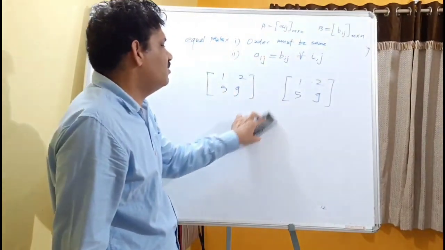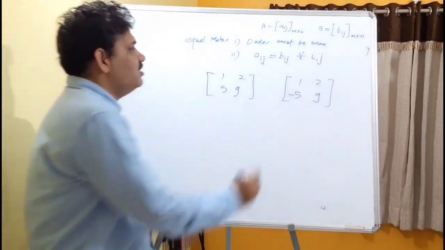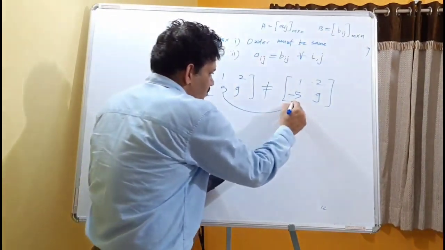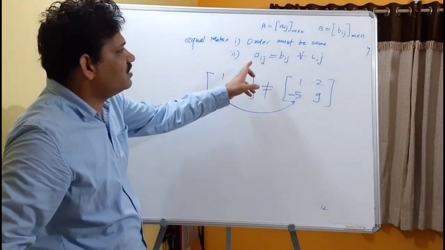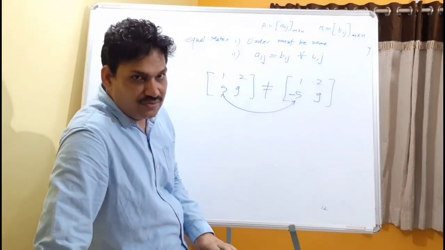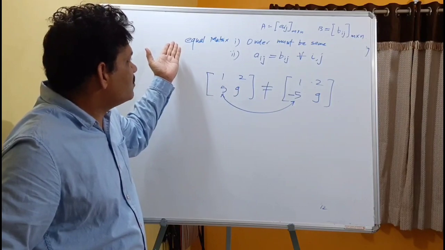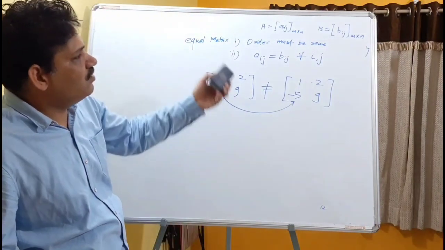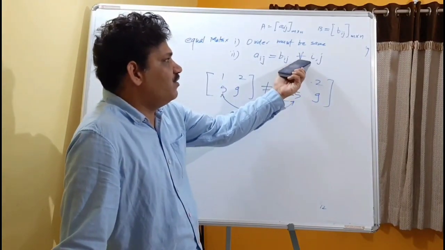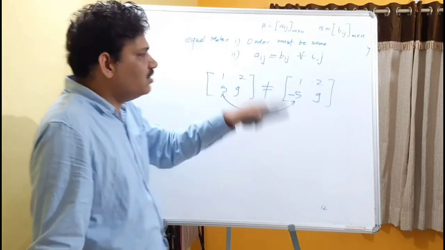If I take a matrix 1, 2, 5, 9 and 1, 2, minus 5, 9, then these two matrices are not equal, because this element is not equal to its corresponding element, that is, A12 is not equal to B12. So, for two matrices to be equal, first the order must be same, and second, all the corresponding elements of the matrices A and B must be equal.